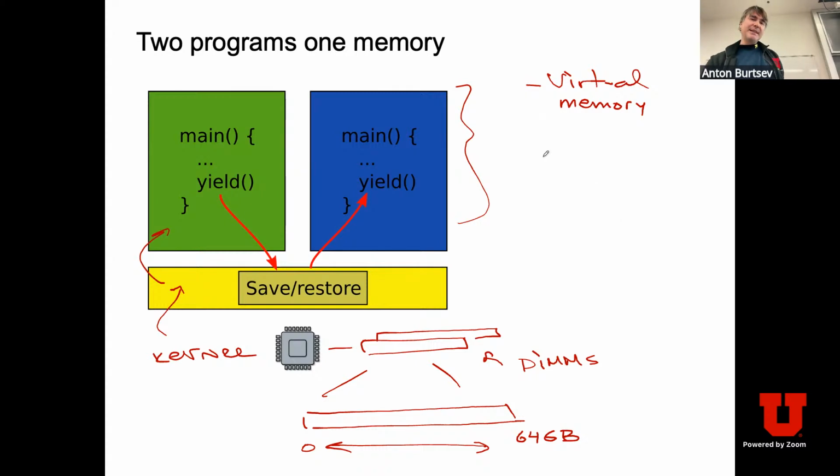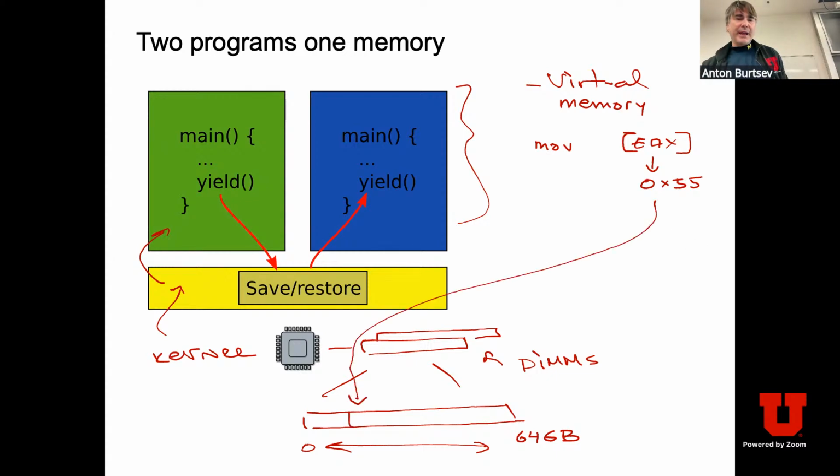Virtual memory, at a high level, is this: if you have some kind of an address in this register, let's say EAX contains value 0x55, instead of directly accessing the physical memory at location 0x55, we'll come up with some kind of mechanism in between which changes this address or translates it according to the rules which are set up by the kernel.